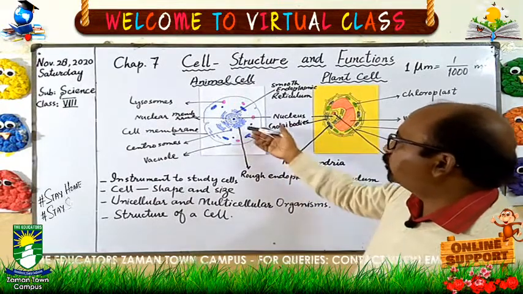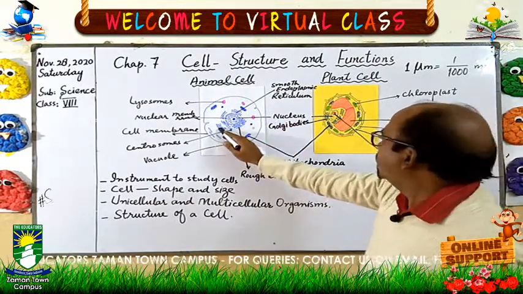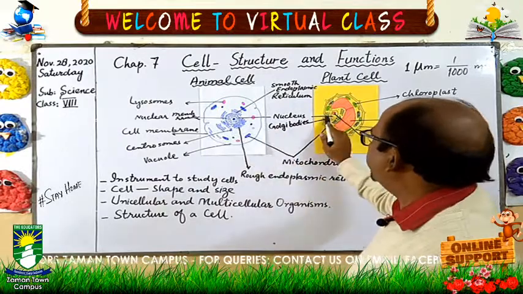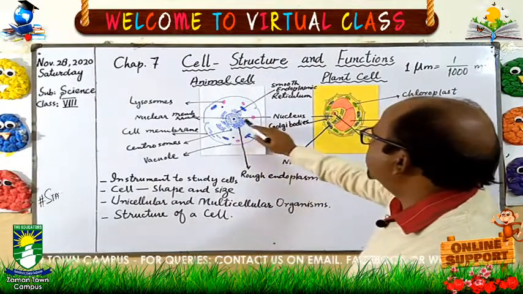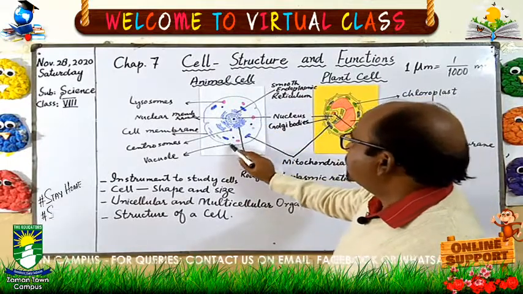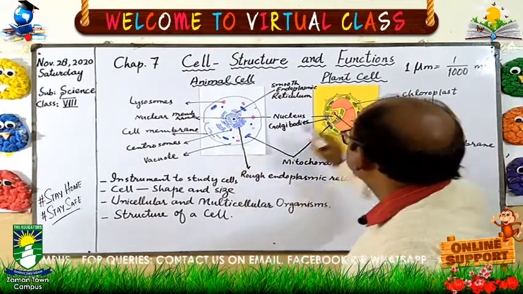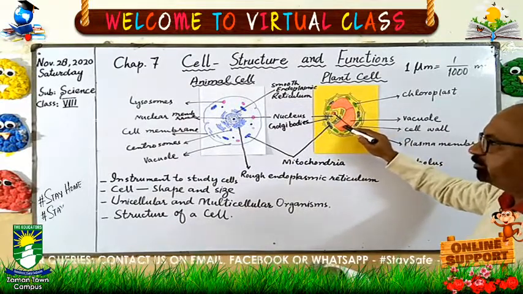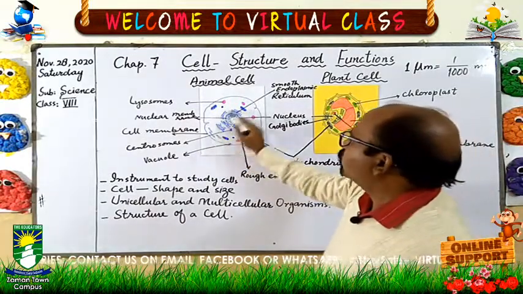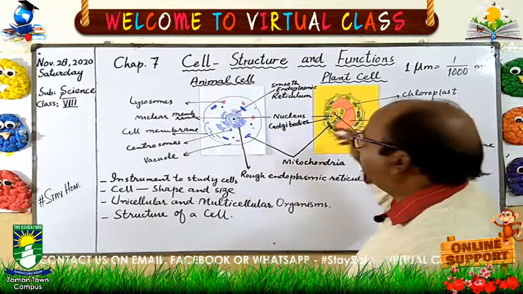Ribosomes are for protein synthesis. Here, these are called Golgi bodies, and this is the nucleus. These are called vacuoles. Here in the plant cell there is a big vacuole. This one is a big vacuole, and here are some smaller vacuoles, but more than one.